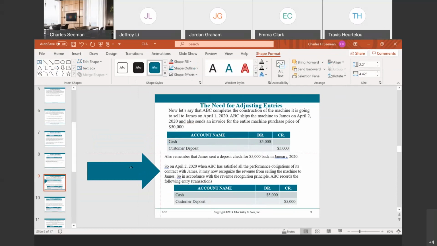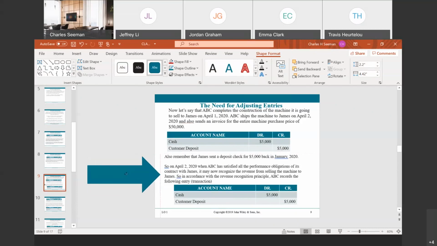So on April 2nd, when ABC has satisfied all the performance obligations of its contract with James, it may now recognize the revenue because it met all the performance obligations. It may now recognize the revenue from selling the machine to James. So in accordance with the revenue recognition principle, ABC records the following transaction.